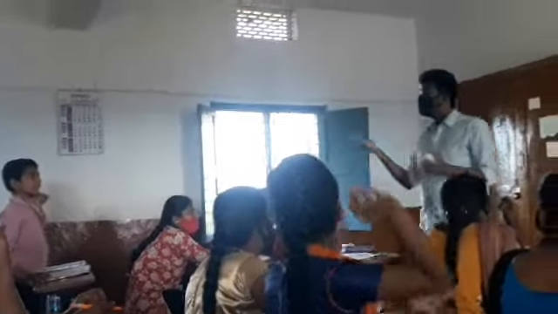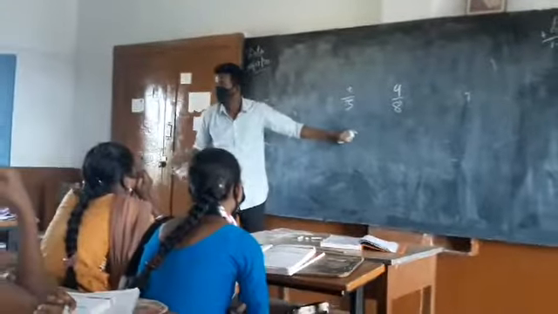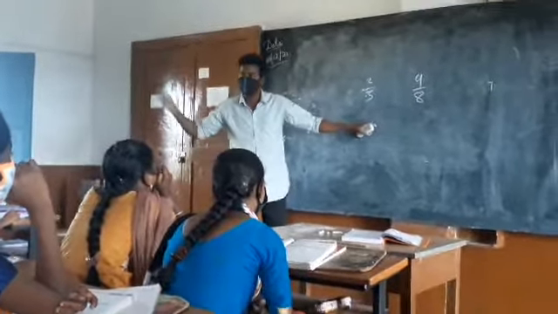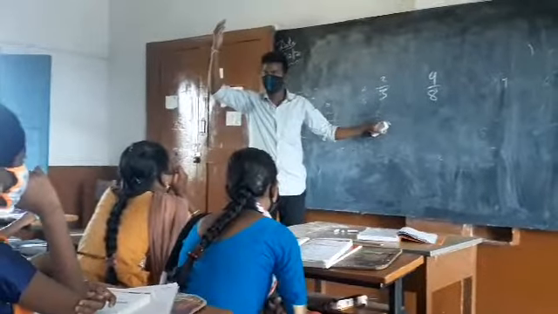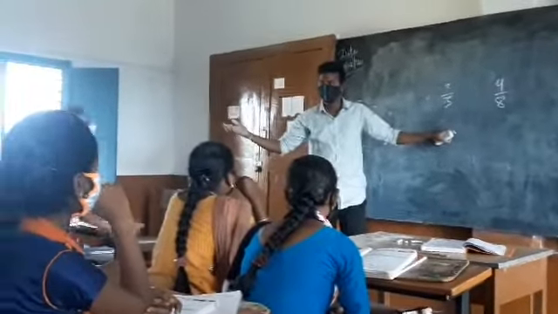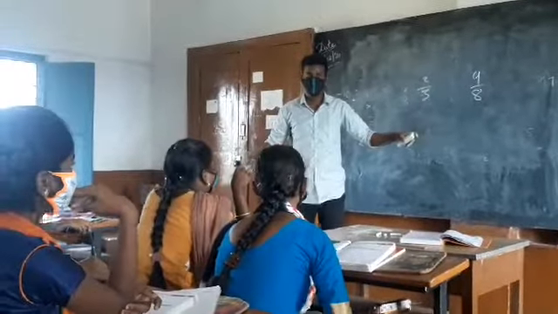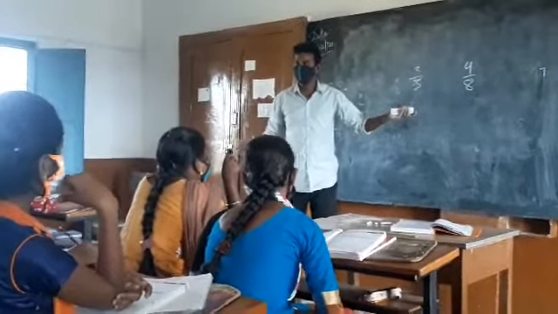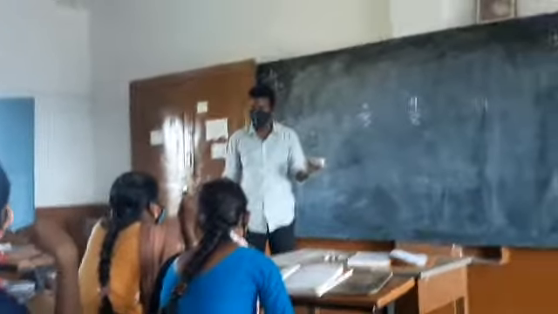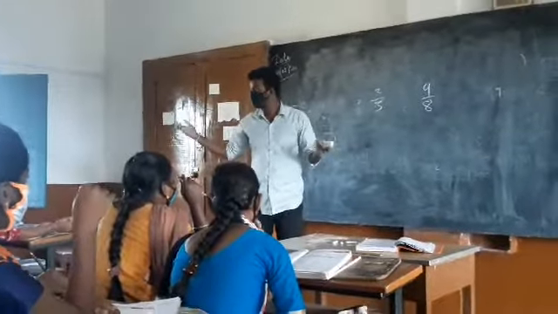How many rational numbers are there between any two rational numbers? Suppose I take 2 by 3 and 4 by 8. How many? I need the correct answer for this. Only 5? No, I need the correct answer for this. Only two rational numbers we are able to find out.